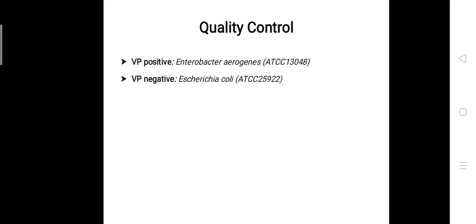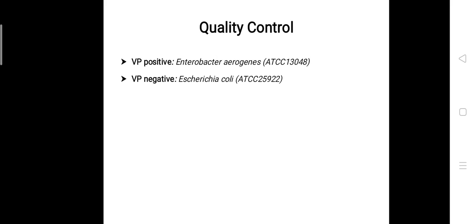Now again, we have some limitations for the VP test. The VP test may be used in the identification of gram-negative bacteria, with the addition of biochemical testing using a pure culture, which is recommended for complete identification. Now, very important, the order of the addition of the reagents is extremely important, as I have mentioned earlier.